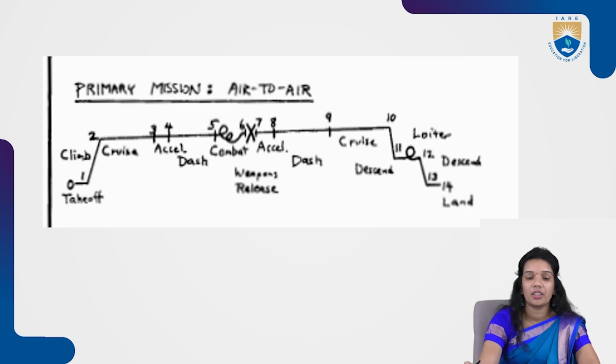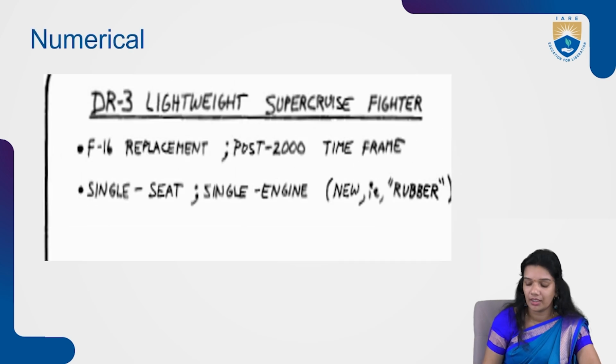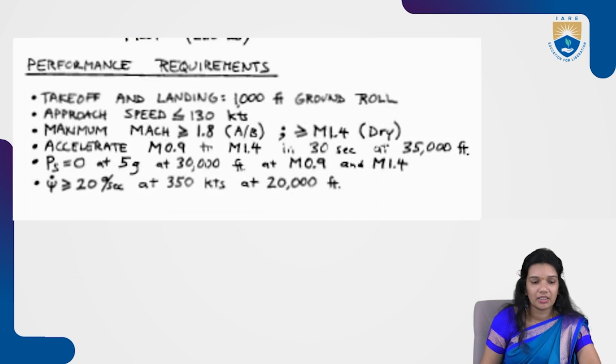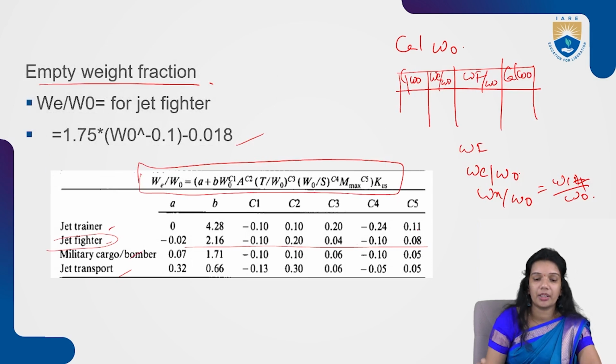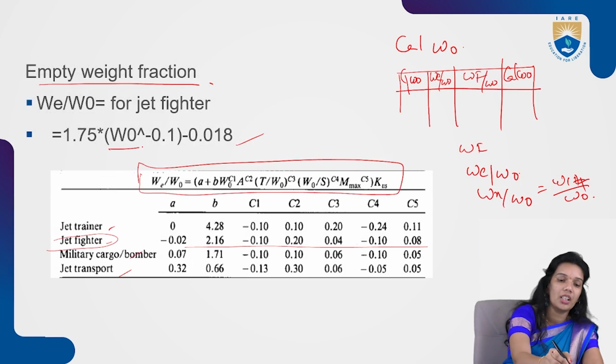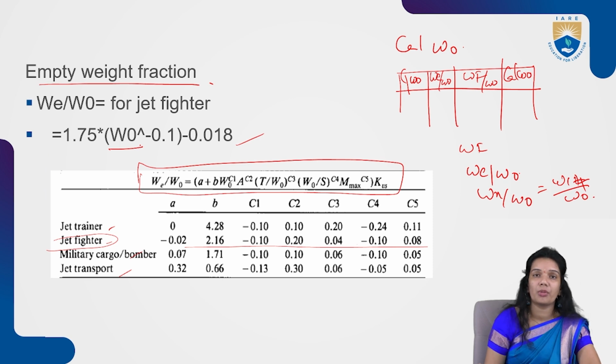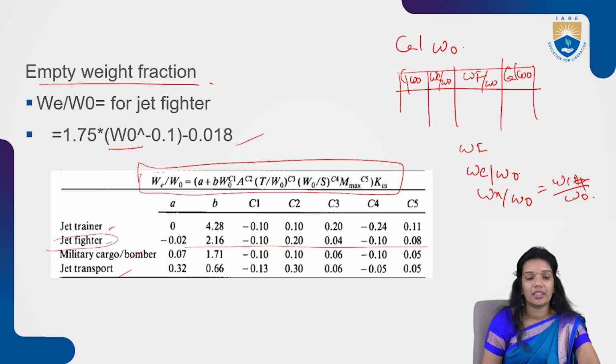Then you go and calculate the fuel weight fraction. Then you write the empty weight fraction with respect to the previous trends that have been given, right? If it is a fighter aircraft, we take all of those things and we calculate the empty weight fraction. Empty weight fraction is going to have an unknown term of W0, right? Once you're finally done with it, start iteration, start to guess a value and stop when you get an approximated calculated weight, and that is going to be your actual takeoff weight, right?